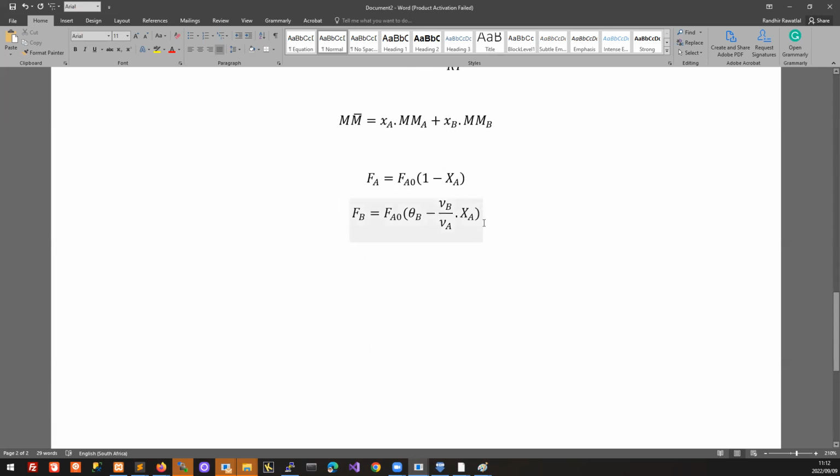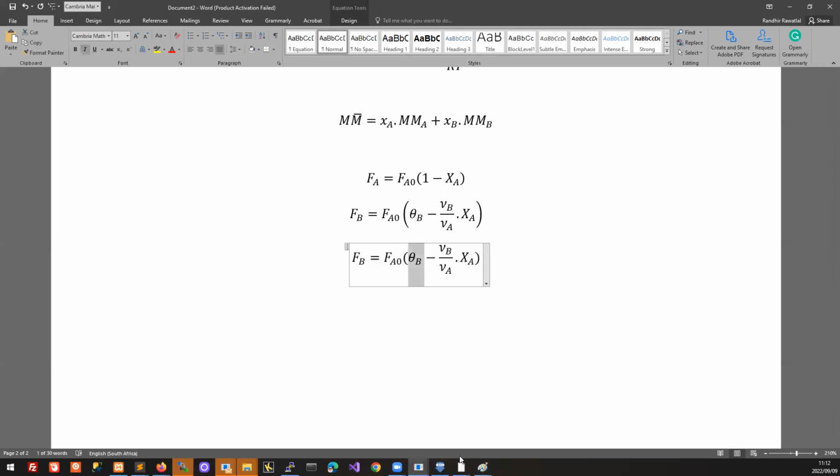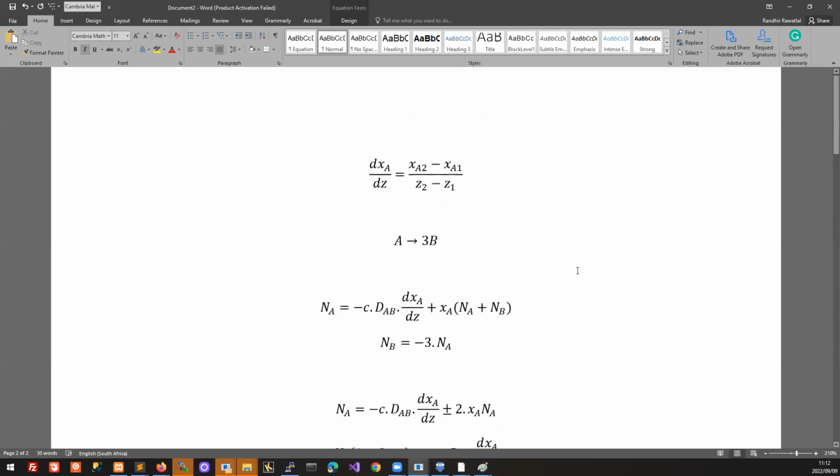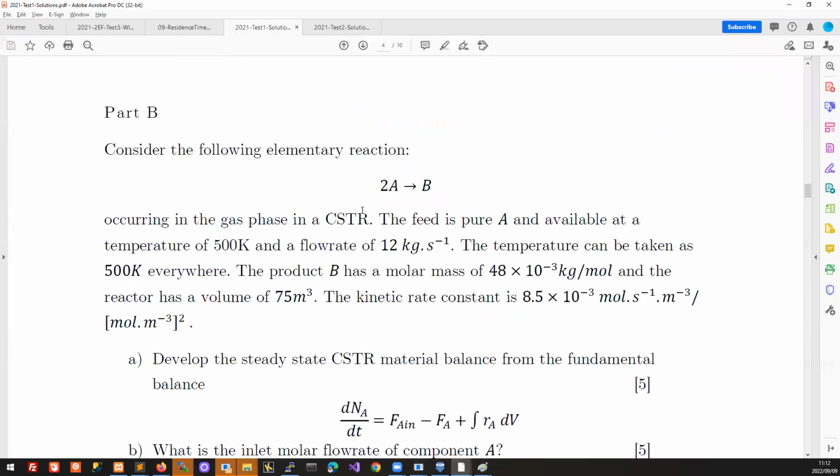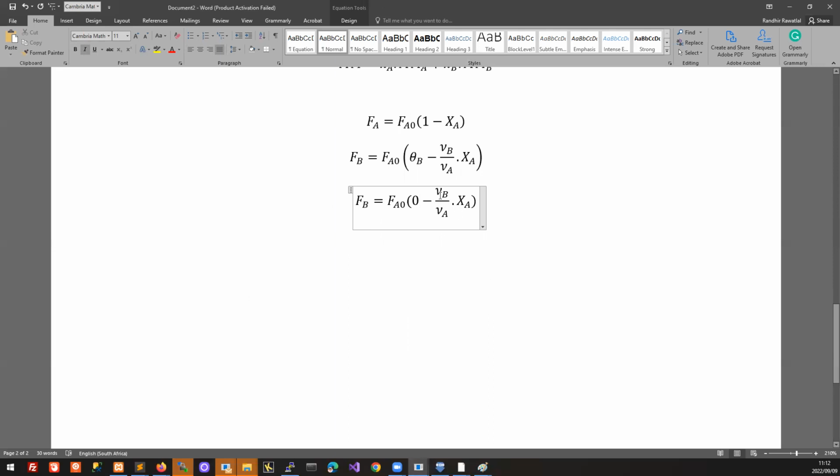And we realized that we are not feeding any B in. So theta B is simply 0. And then nu B over nu A: nu B is +1 and nu A is -2. So this is -1/2.